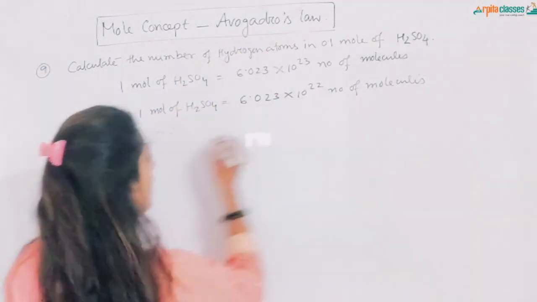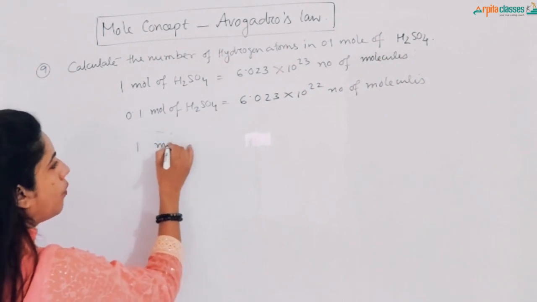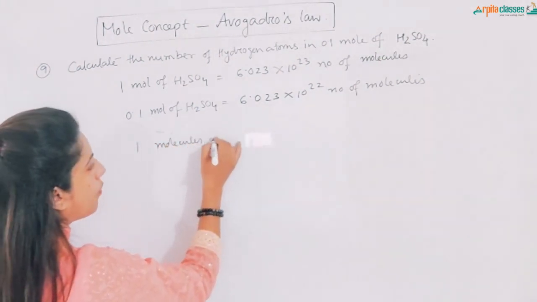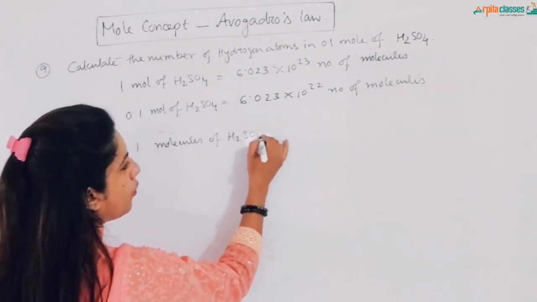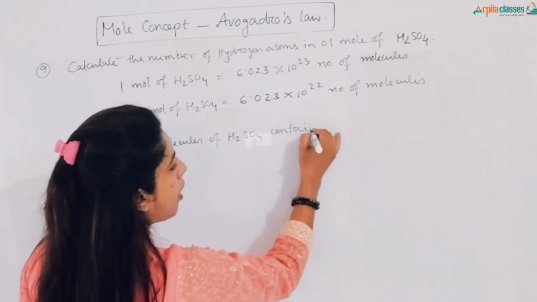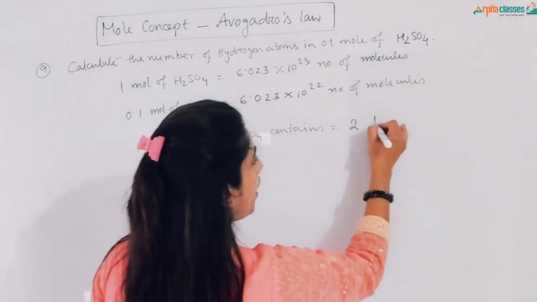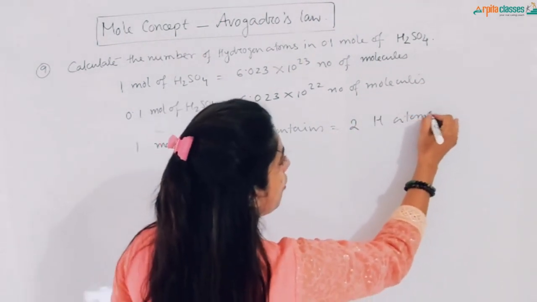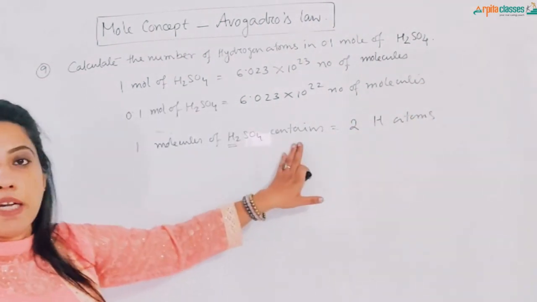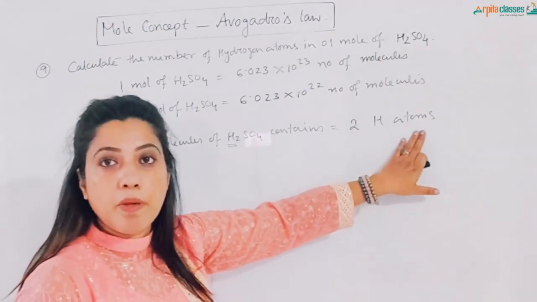Now 1 molecule of H2SO4 contains how many hydrogen atoms? There are 2 hydrogen atoms. So 1 molecule of H2SO4 contains 2 hydrogen atoms.